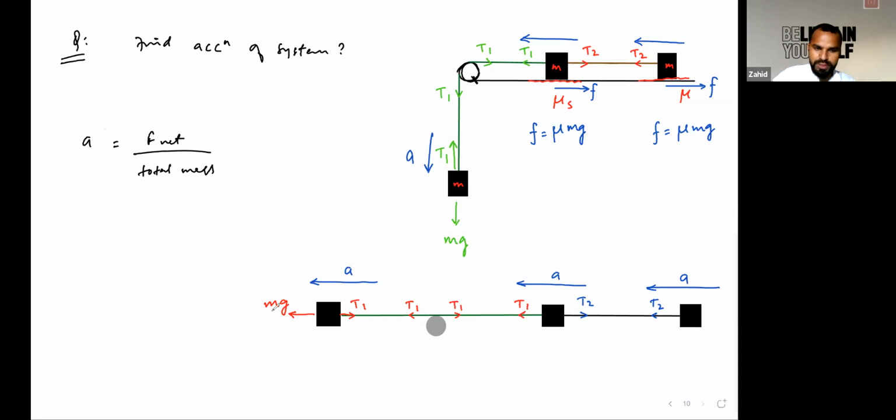We have one force along the left hand side which must be accelerating, and there is one force along this direction which will be friction, and one in this direction which is also friction. Just put all these values in this equation and try to find the acceleration. Try to solve.